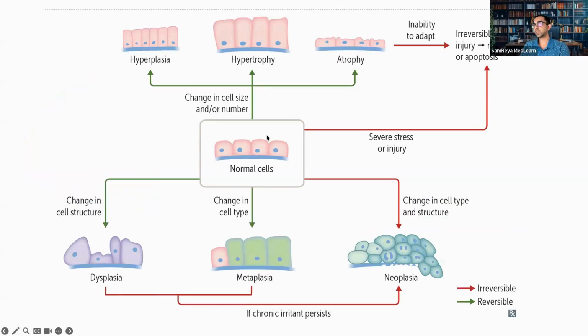That could be a situation where the stimulus or the external agent is such that it can cause cell injury, or the cell has been trying to adapt, but it has failed. Inability to adapt can lead to cell injury, or certain very injurious types of stimuli can lead to cell injury. So that's what we want to look at today.